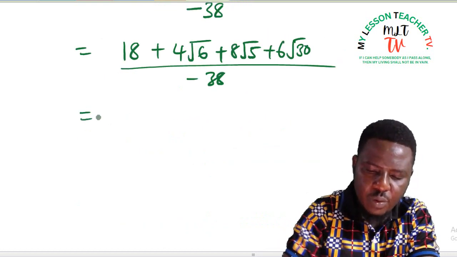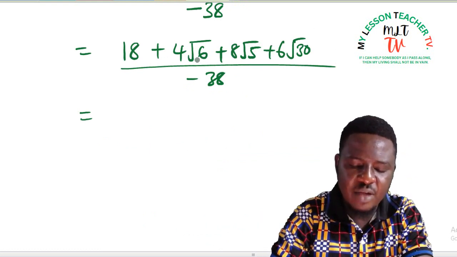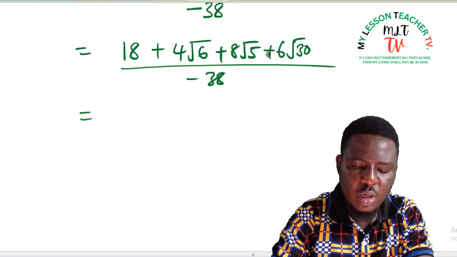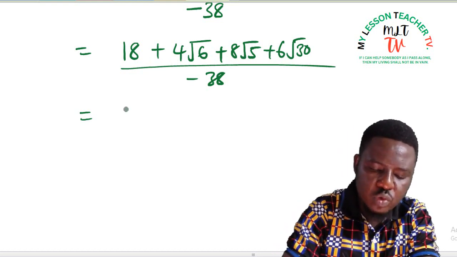Then we try to see if we can factorize out any factor from the numerator. 2 is common, so I can factorize out 2.